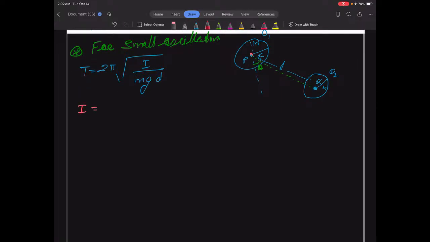First is our I, and this I is our moment of inertia of the system about the pivot axis.